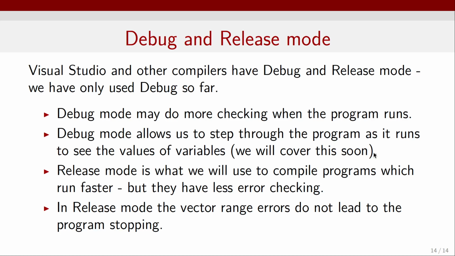The release mode is what one typically uses to compile programs which run faster, but they have less error checking. So if you try Visual Studio in release mode, then the vector range errors do not lead to the program stopping. But if you use debug mode, the program will stop when these errors occur.